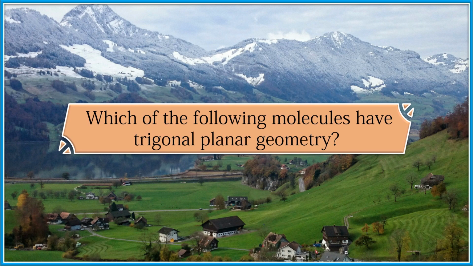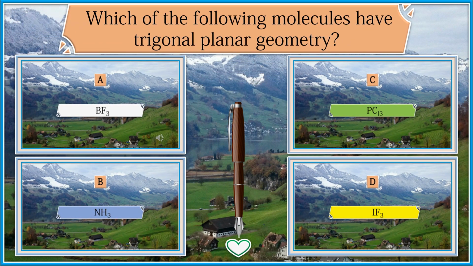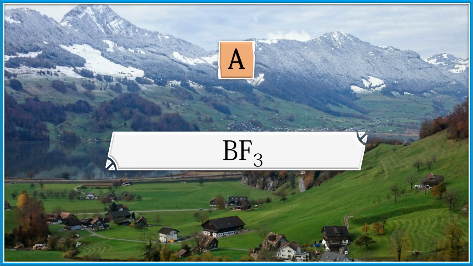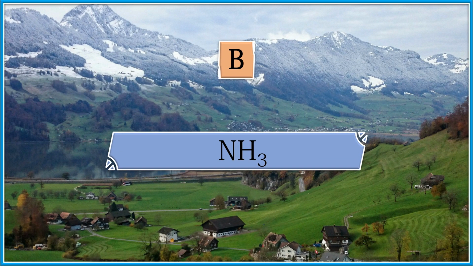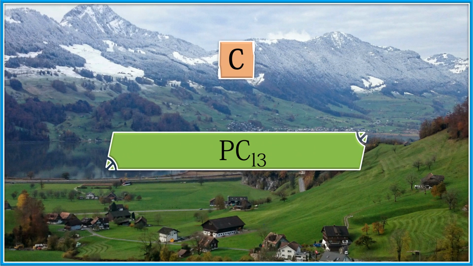Which of the following molecules have trigonal planar geometry? BF3, NH3, PCl3, IF3.